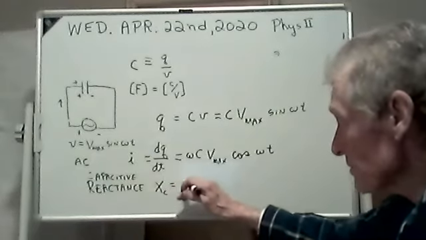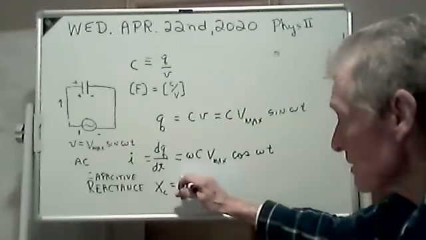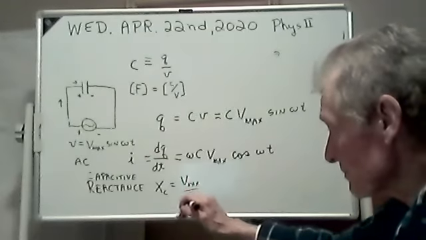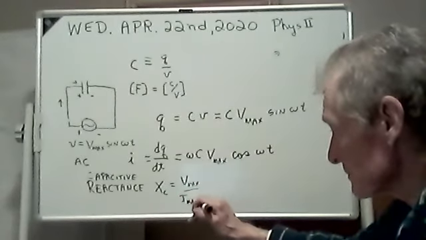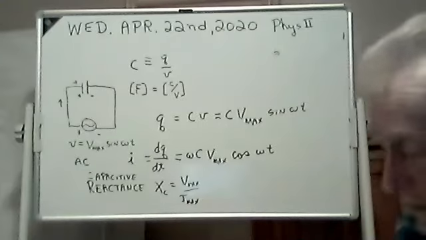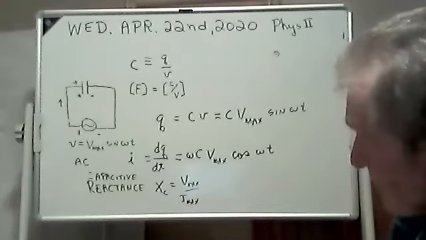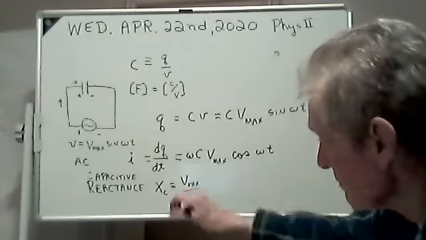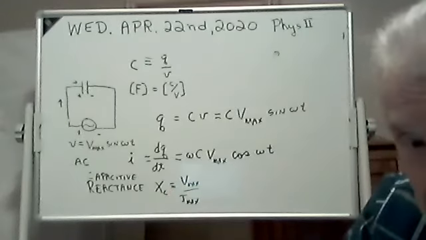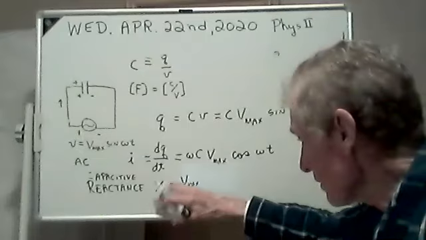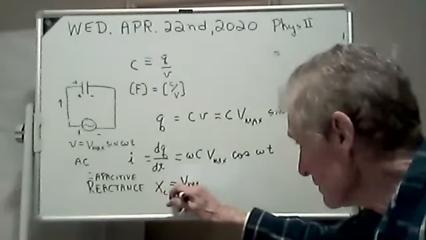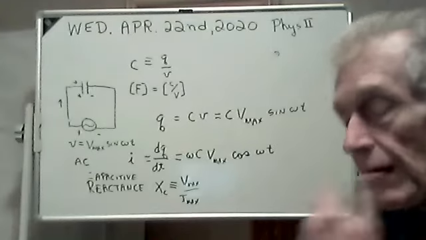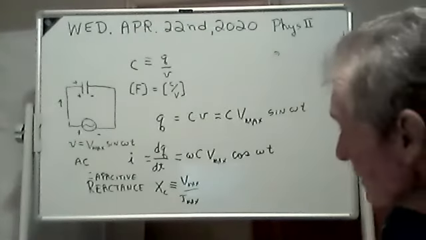And what that is, it's kind of like resistance. You take your voltage and you divide by your current. You take your maximum voltage, you divide by your maximum current, and that is the definition of, that was supposed to be triple, I don't know if you can see that, but that's really a definition of what reactance is.